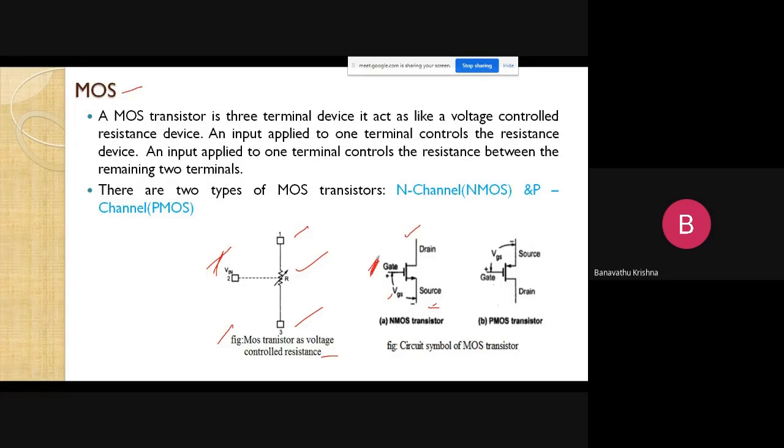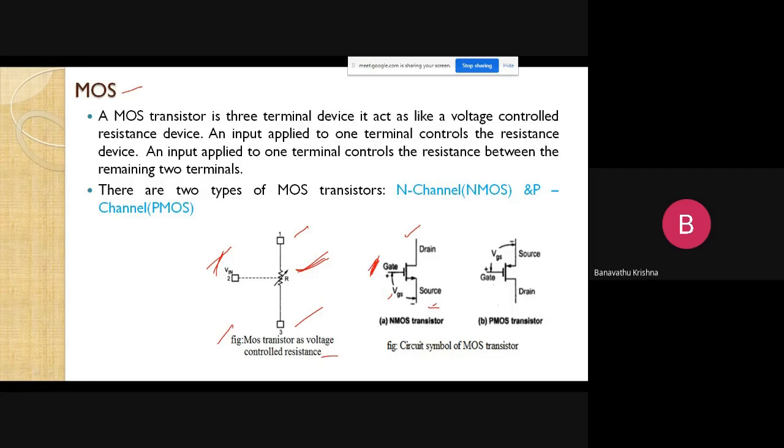If you apply logic 1, that is VCC or VDD, then it is in on condition and has very little resistance, in ohms. That is the variation of resistance, ohms to mega ohms to ohms. That's why it is shown here with a variable resistance.